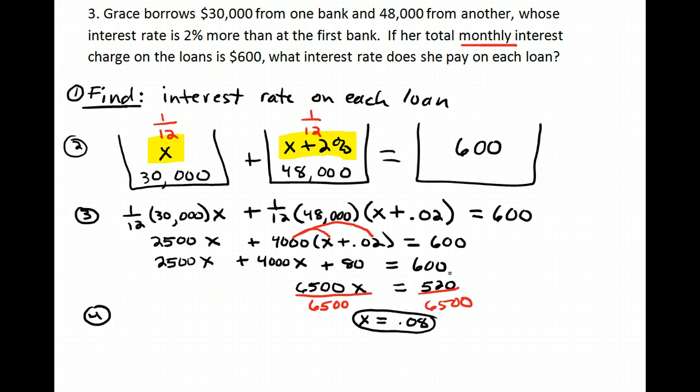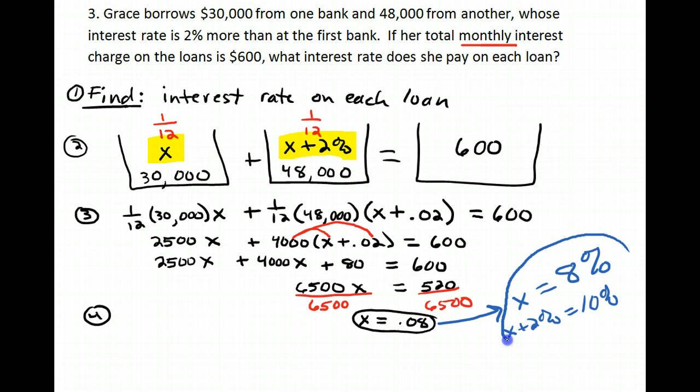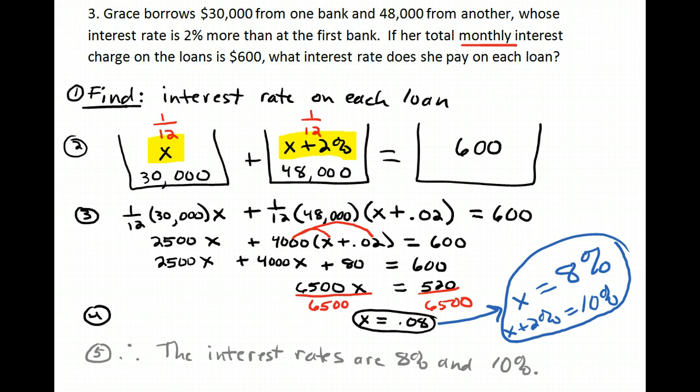So when I get the answer x equals 0.08, that really means change it back to a percent. So x is 8%, which means my x plus 2% gives me 10% for that other account. So those are my two answers. So now I'm ready to write my conclusion. Therefore, the interest rates are 8% and 10%.